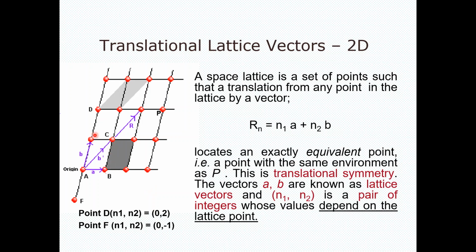For example, the first point that we have considered is point D. The location of point D in this lattice from the origin is given by n1 and n2, equal to 0 and 2.